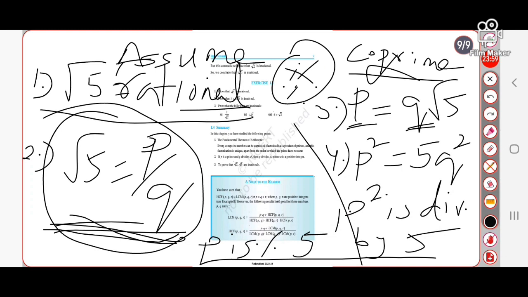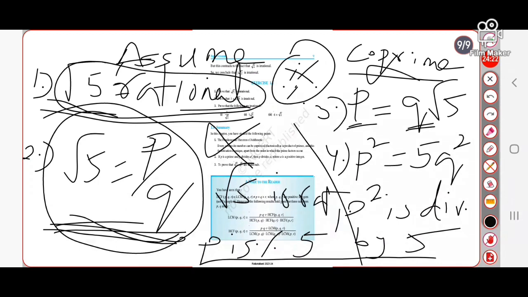So our assumption that root 5 is rational is wrong. Therefore root 5 is irrational. That's it. We have proved that root 5 is an irrational number.